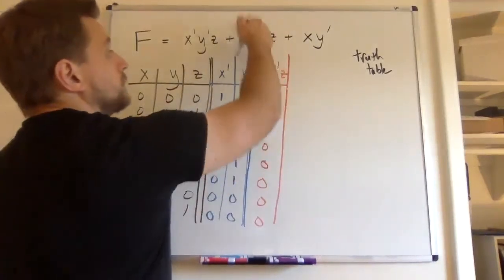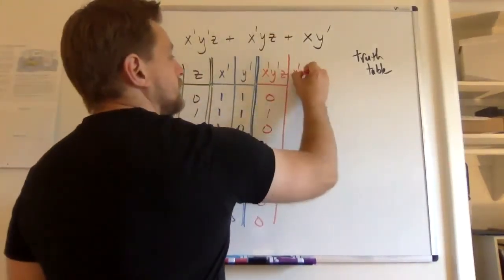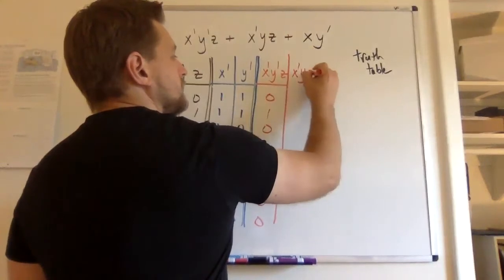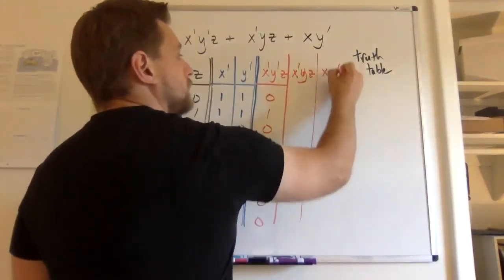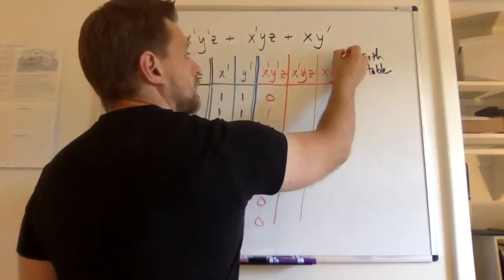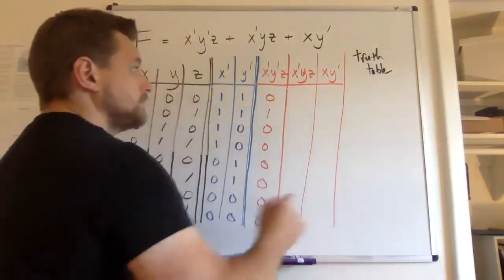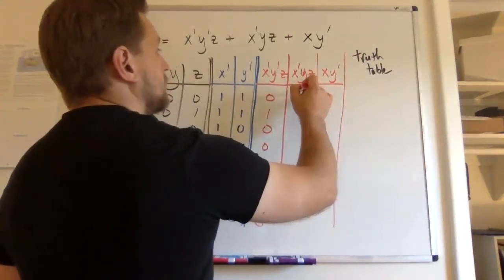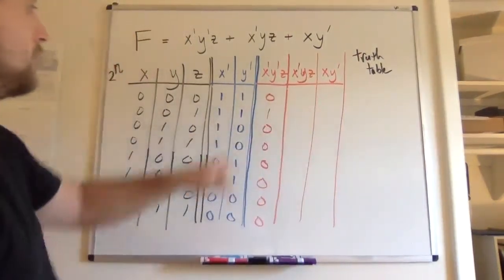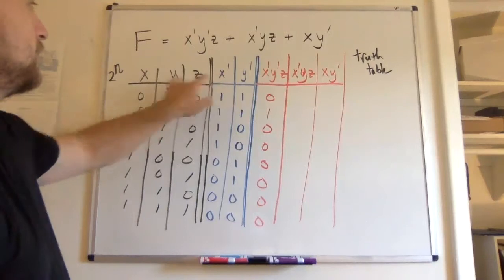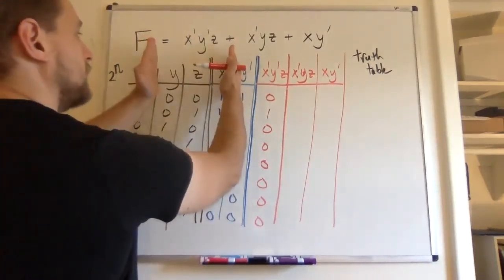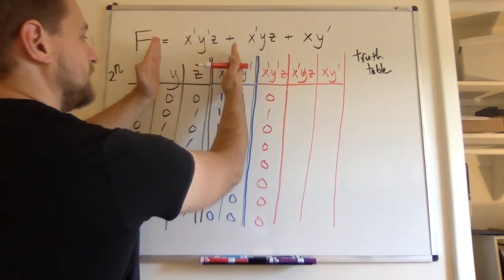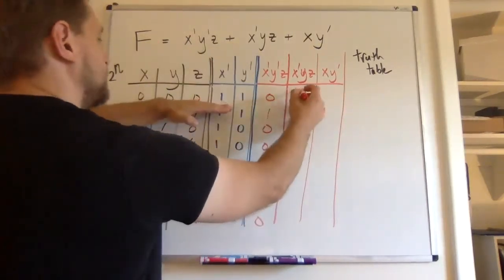We can do the same thing for not x, y, z, and x, not y. Just quickly, that's these three columns and it together. So we need all of them to be 1.